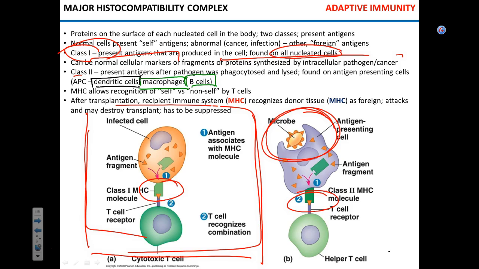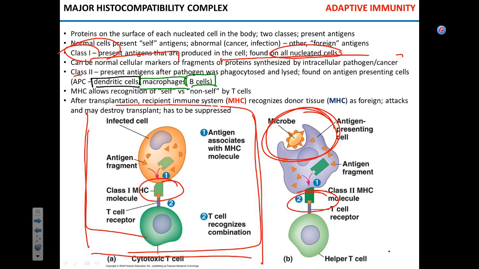Now, an example of how MHC is important for medicine: transplantation. My cells produce a certain type of MHC molecules that present certain types of antigens. They're unique. Somebody else's cells produce slightly different MHCs that present slightly different antigens.